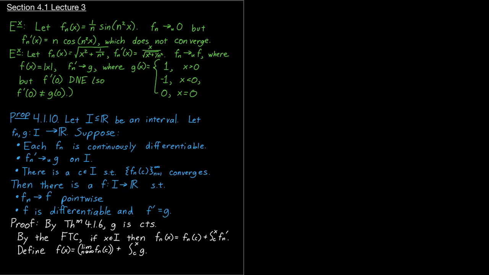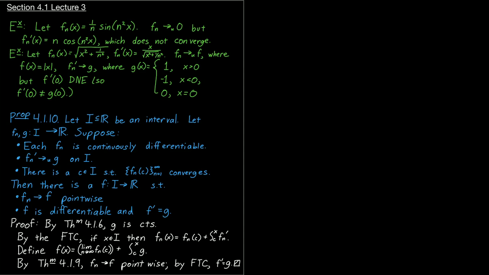And then by the previous theorem, theorem 4.1.9, we have that fn converges to f pointwise. And then by the fundamental theorem of calculus, we have that f prime equals g.